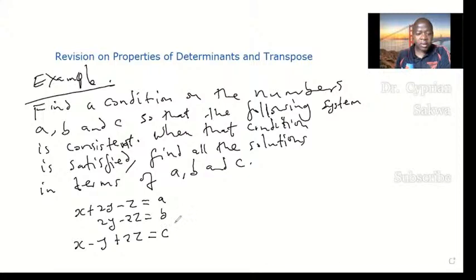For us to answer this question, the only thing we need to do is reduce this system to echelon form and see what the last line of the echelon form would tell us. Let me create some space for this.